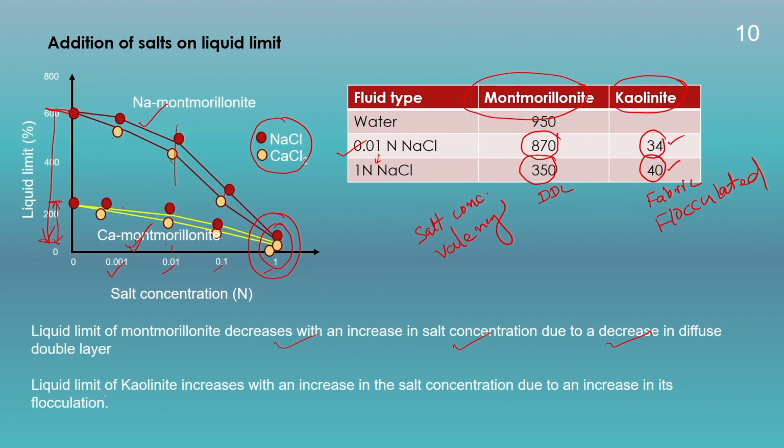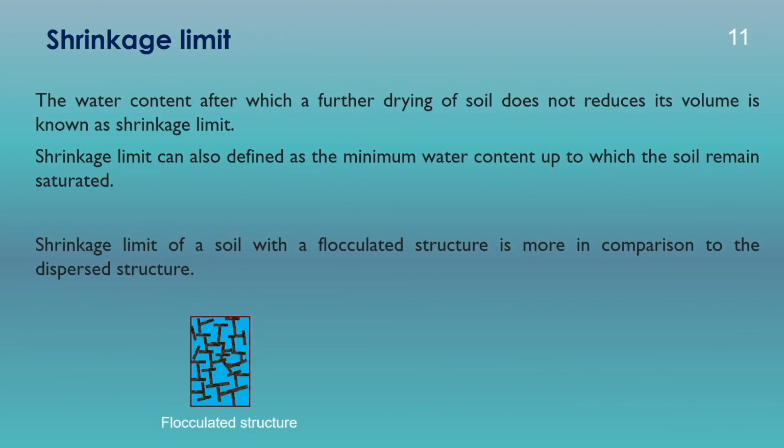So, we can conclude here the liquid limit of kaolinite increases with increase in the salt concentration due to an increase in its flocculation behavior. As we increase the salt concentration, the net attractive forces will increase, and that leads to the flocculated structure of this kaolinite. Next, I will discuss the shrinkage limit of the soil.